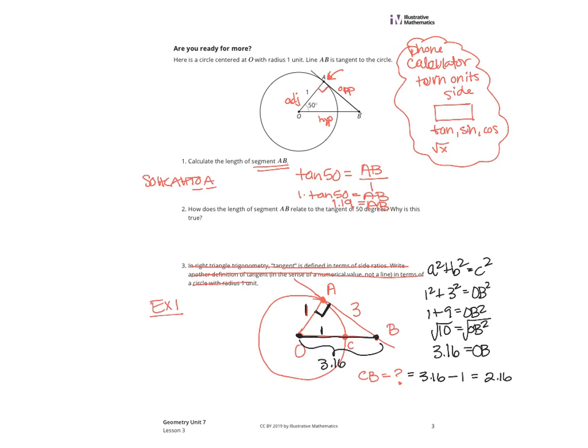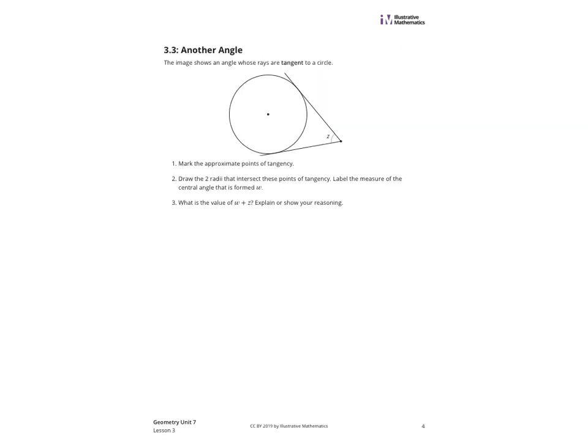You might say, well, it doesn't really look like that. I would agree with you. This picture, we like to say in geometry, is just not drawn to scale. And that's how we have to depend on our math instead of what the picture looks like. Okay, ladies and gentlemen, let's go to the next page.